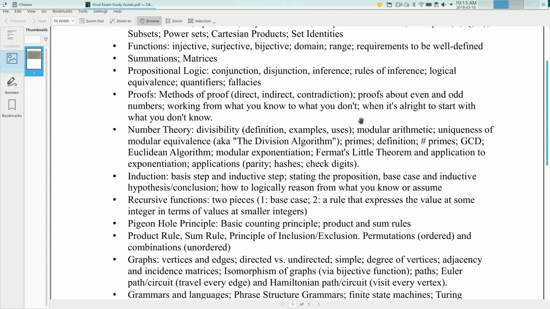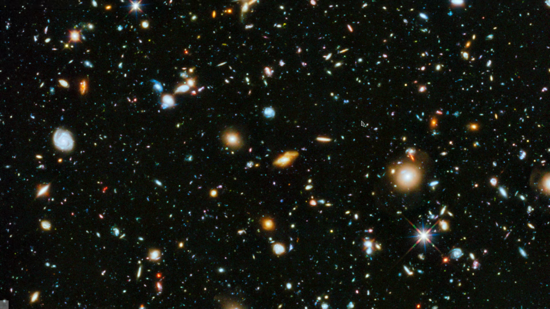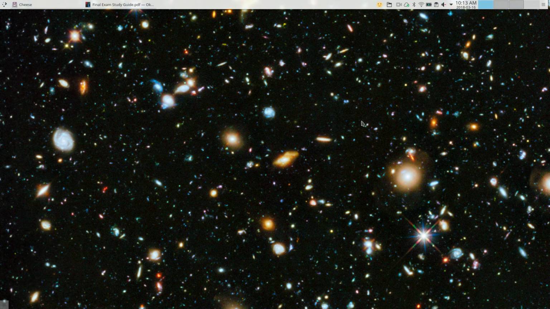Number theory. So divisibility, definition of divisibility, examples, and so on. So big thing to keep track of here.